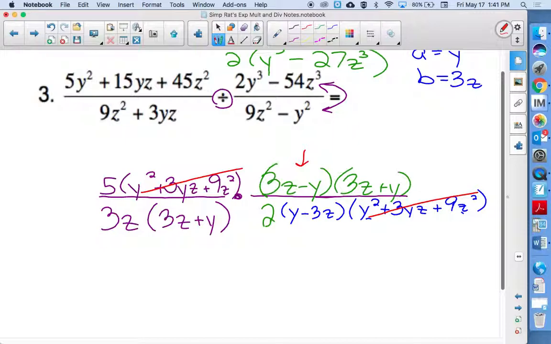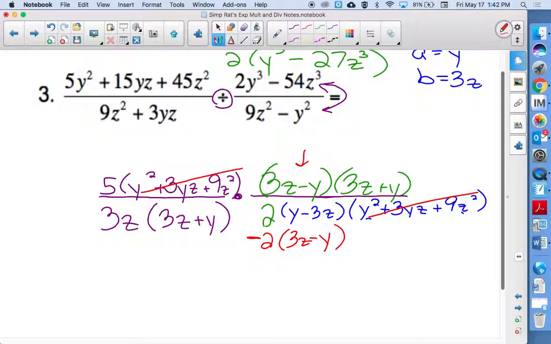The bottom has the exact opposite, y minus 3z. The y's are opposites, the z's are opposites. When that happens, if you pull out a negative from that, then it becomes exactly the same as what we have on the top. So if I'm dividing by a negative, I now have a negative y and a positive 3z.